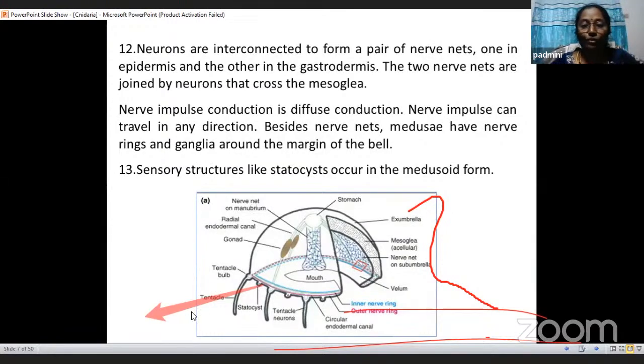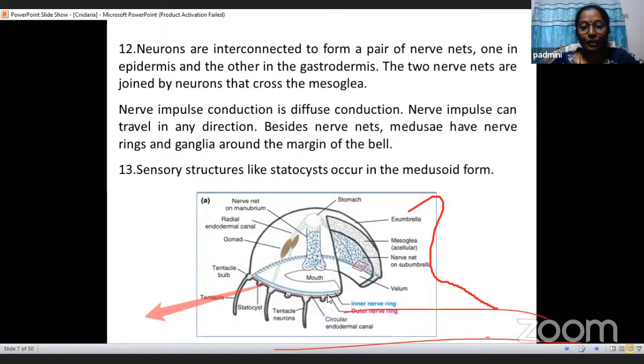So if you go through this picture over here, the outer side is the exumbrellar, and that which is inside. So for example, if this is a cup-like structure, that is the medusa form, the outer one is the exumbrellar, and the inside is the subumbrellar region. And you have the tentacles over there. These are the tentacles. The tentacle bulb is present over there, the statocyst, the neurons in the tentacles.